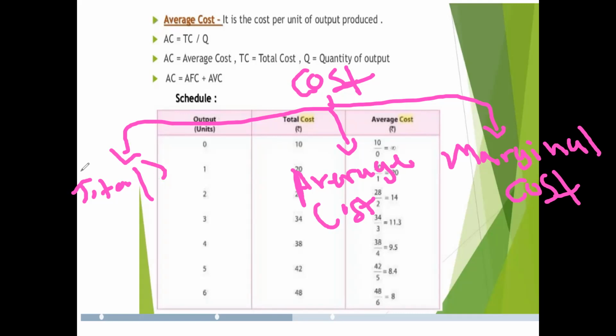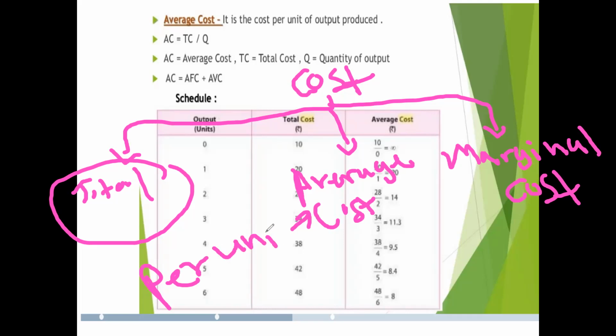So total cost means how much the producer incurs to produce the total output. Then the average cost: average always deals with the per unit.